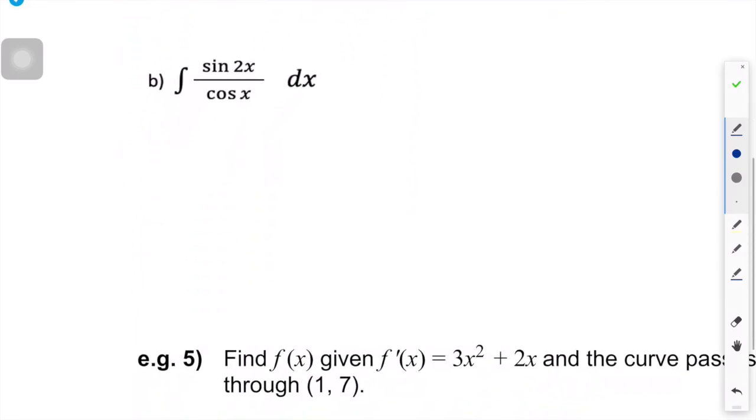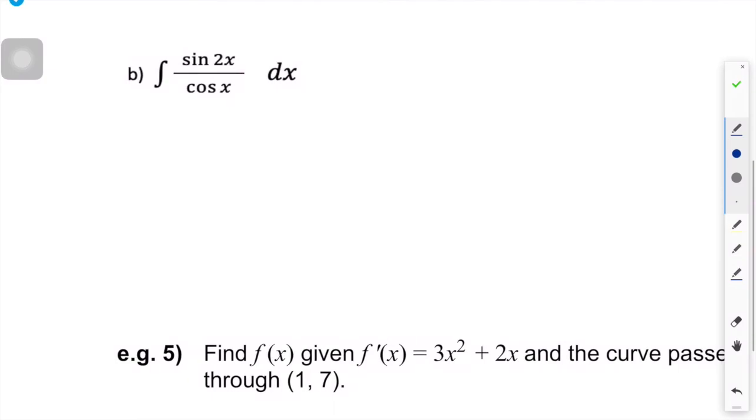Question B. I have the integral of sine 2x over cos x dx. Sine 2x, I can't just say the answer is going to be negative cos 2x because it's a composite function. However, I can simplify this expression if I first write sine 2x as 2 sine x cos x over cos x dx.